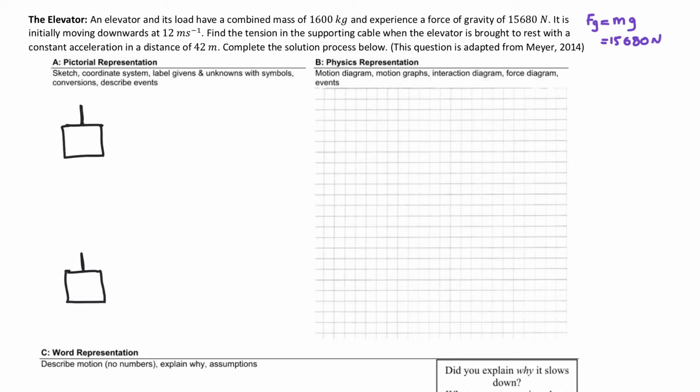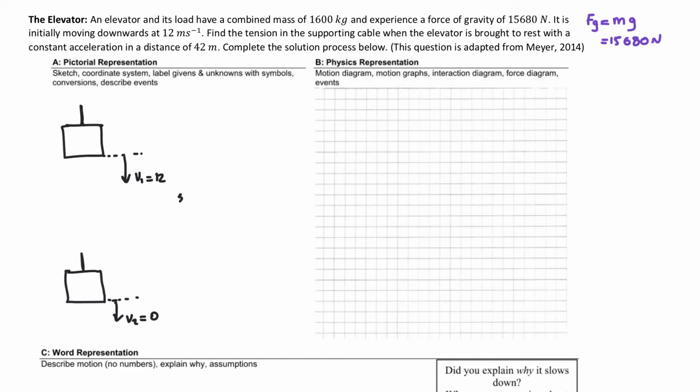We know that based on the question, velocity at stage 1 is equal to 12 meters per second, and velocity at stage 2 is 0 because it comes to a stop. We know that it has a constant acceleration.